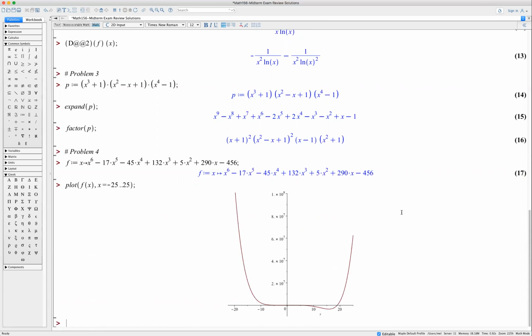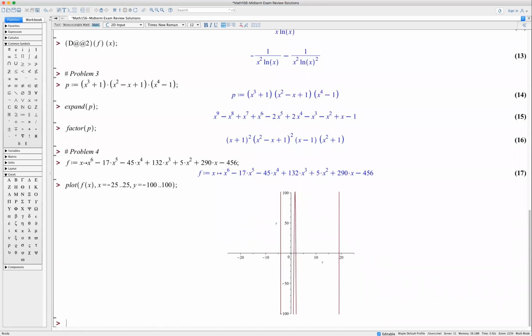Let's see what happens. Ooh, really shoots up. Let's put some limit on the values of y. Say y goes from minus 100 to 100. What happens there? Oh, hard to tell. Let's go from minus 1,000 to 1,000. That's a little bit bigger, better.